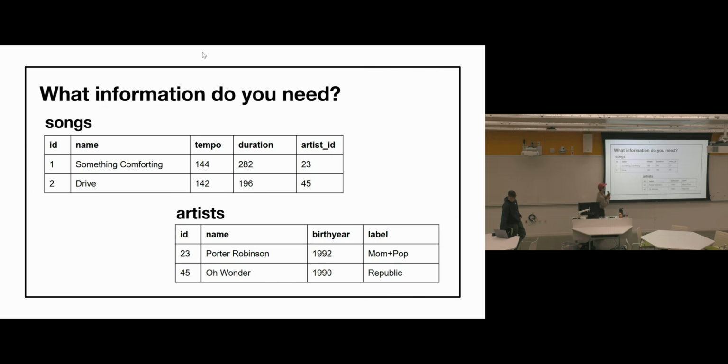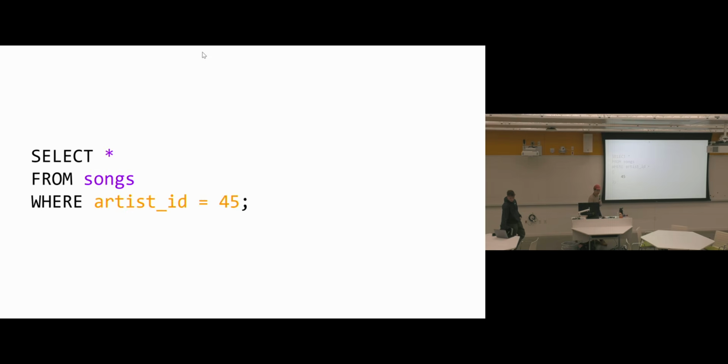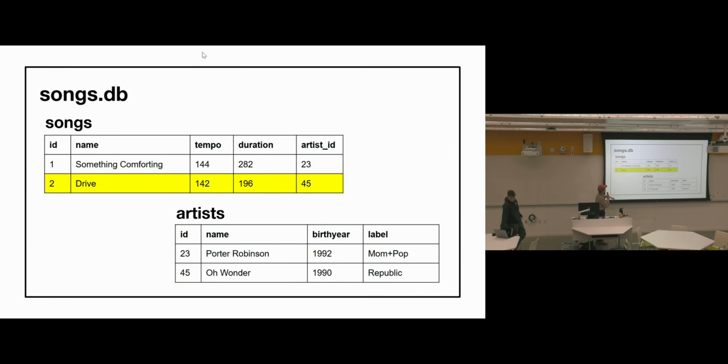I am sorry, that is just the way we came up with these tables. You can always come up with other better ways to name these. But essentially, we realized that ID from artists and artist ID from songs are the key column that matches up. So we just use the select statement in order to link them together, resolve the second half in order to turn the criteria of having a song by Oh Wonder to be equal to 45, and then resolve the original query, which lands you at this row.